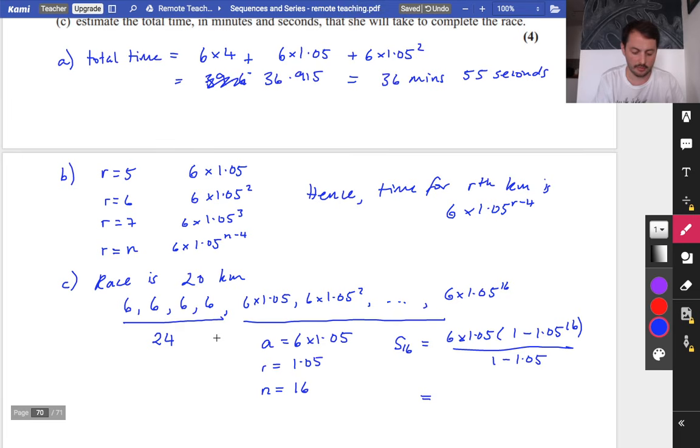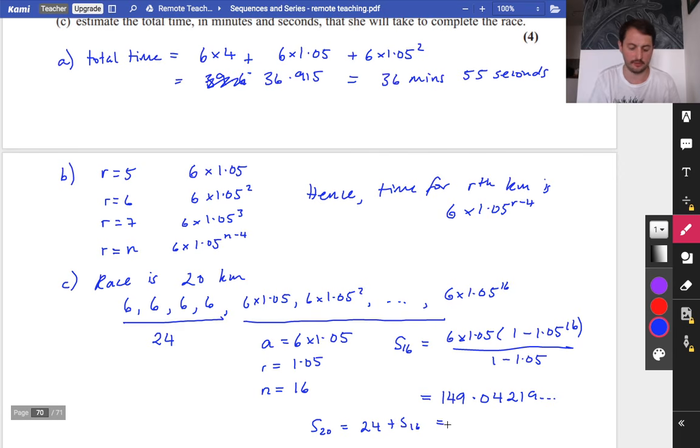So that's 6 times 1.05, 1 minus 1.05 to the power of 16, and 1 minus 1.05 on the denominator. And we get 149.04219, and so on. So the sum of all 20 will be the 24 minutes plus the sum of those 16 that we've got there.